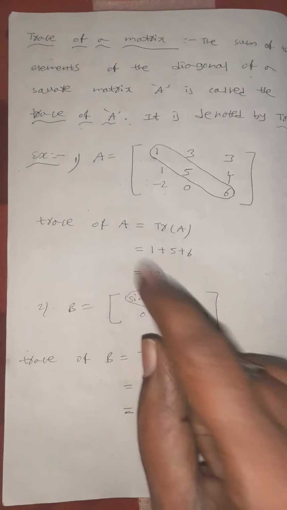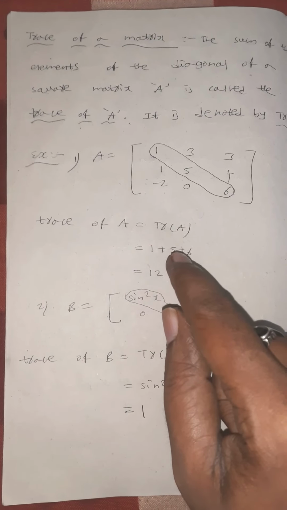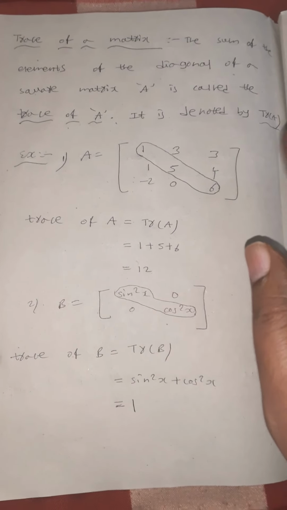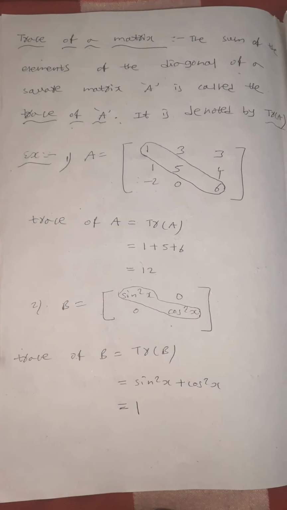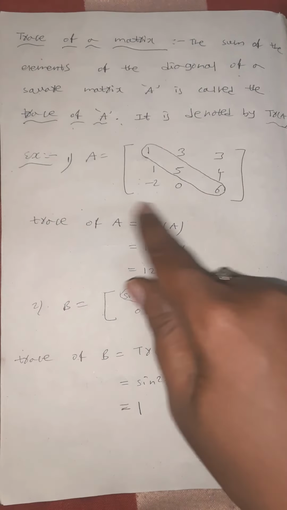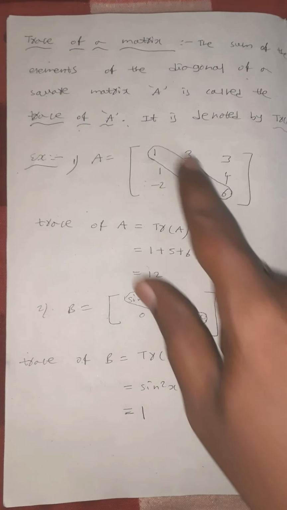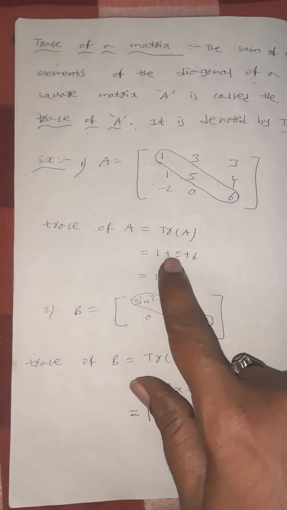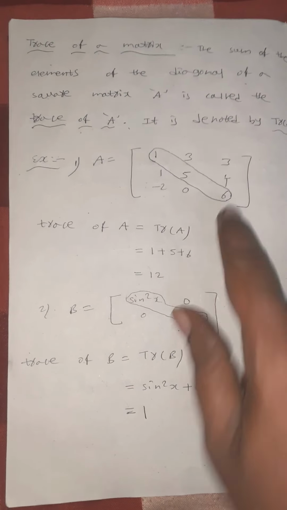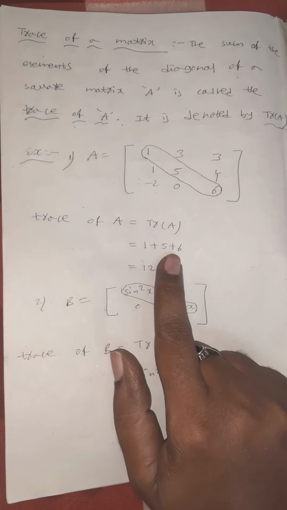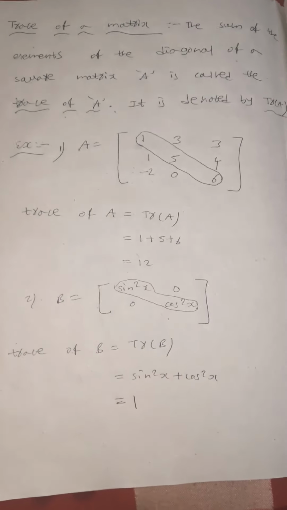I want to find the trace of A. So you should take the sum of the elements of the diagonal. Either you can take this diagonal or that one. I am taking this diagonal here: 1 plus 5 plus 6. 1 plus 5 is 6, and 6 plus 6 is 12.